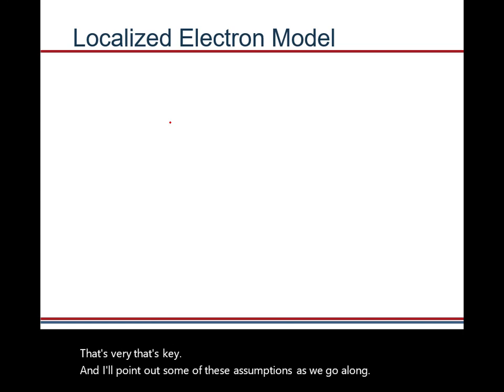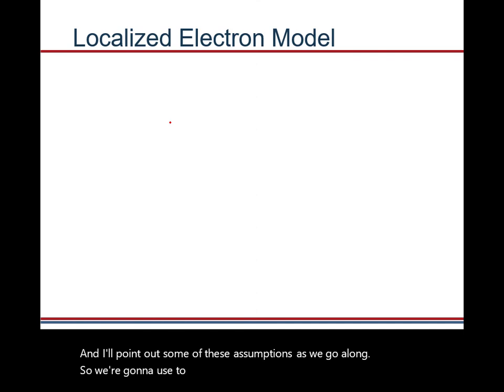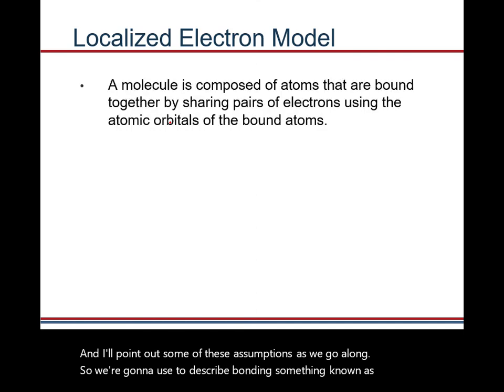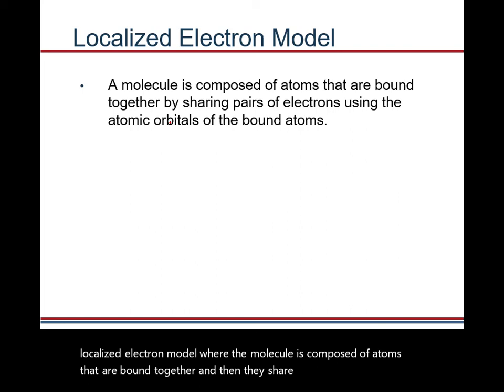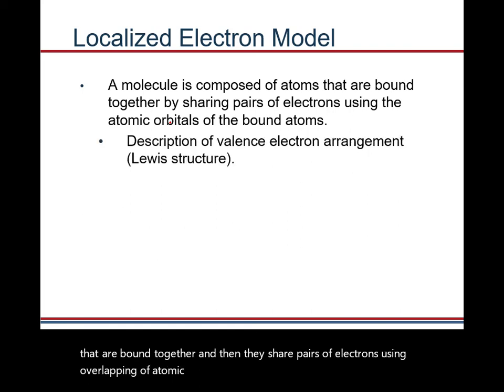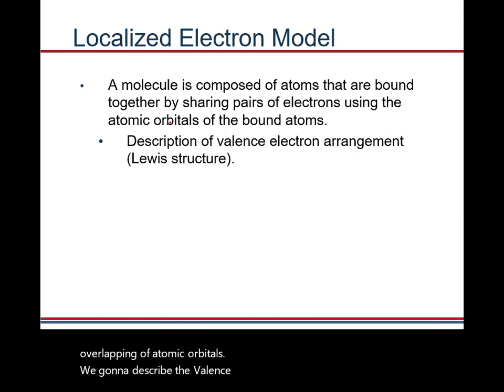So to describe bonding, we're going to use something known as the localized electron model, where the molecule is composed of atoms that are bound together, and they share pairs of electrons using overlapping of atomic orbitals. All right? We're going to describe the valence electron arrangement, and we come up with what's known as the Lewis model.